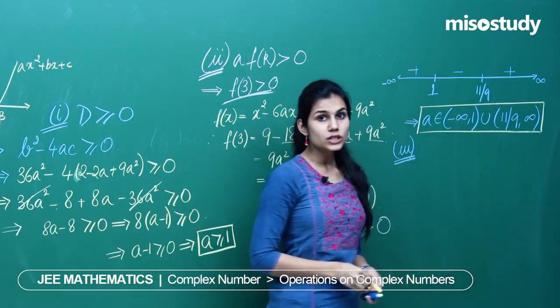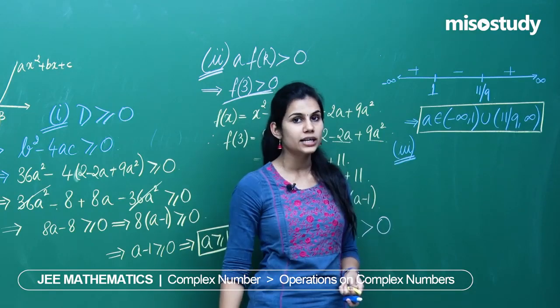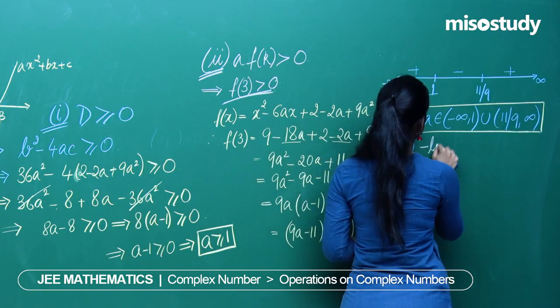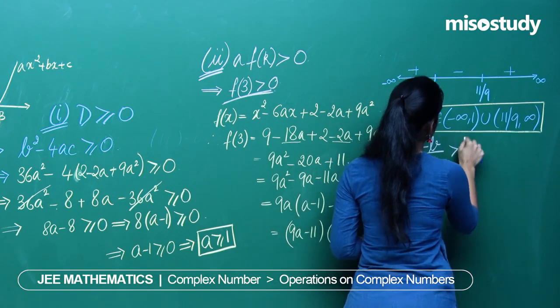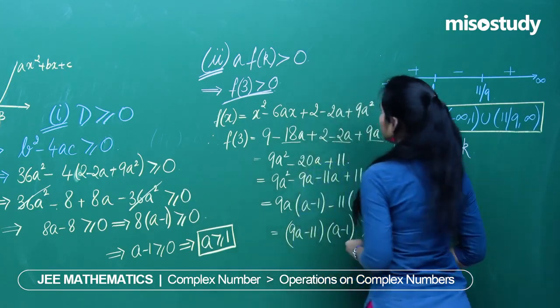There are three conditions which get satisfied if there is a quadratic equation with both its roots strictly greater than a constant k. The third condition is that minus b upon 2a would be greater than k. Now, what is b?